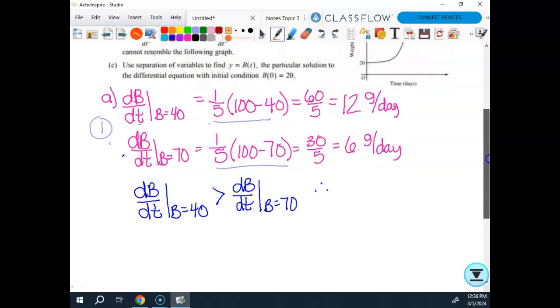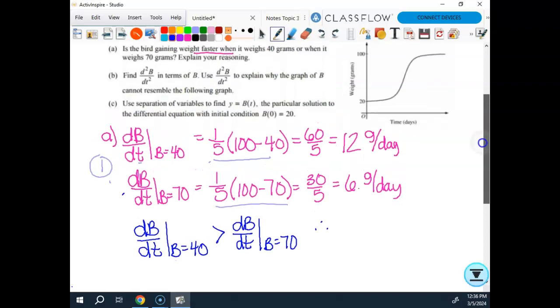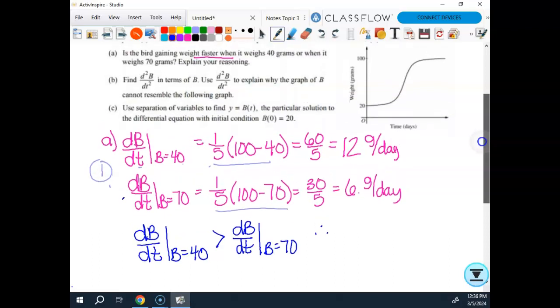Therefore, what was the question? Is it gaining weight faster when it weighs 40 grams or when it weighs 70? So what is it?